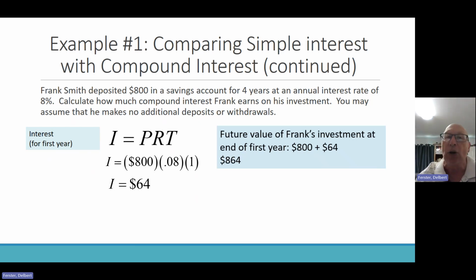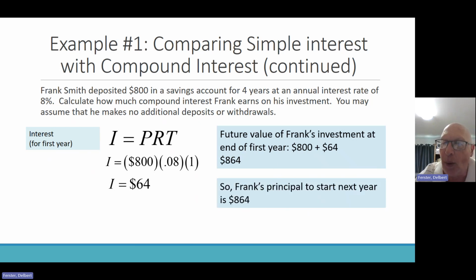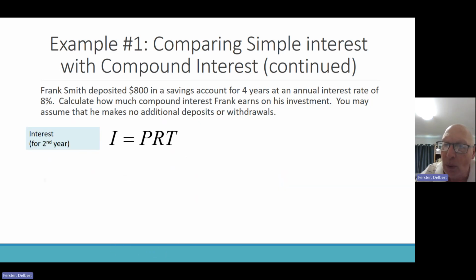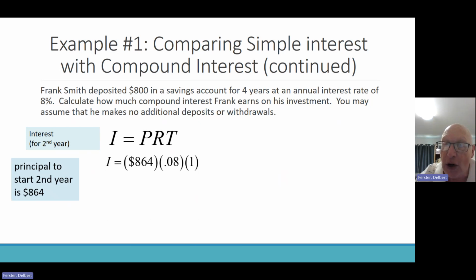So as we move into year two of his 4-year investment opportunity, what we're going to see is the principal changes. So it used to be 800, but not after year one. It's no longer 800. We're compounding on that 864. So the interest for year two, again, notice the time is only 1 year. It's year two. 864 is his new principal at 8%.